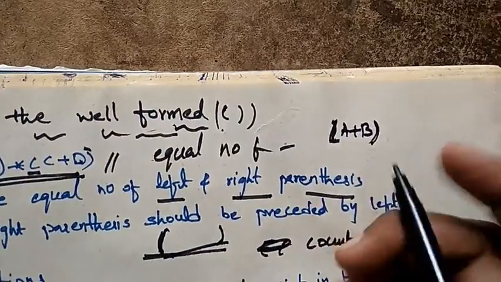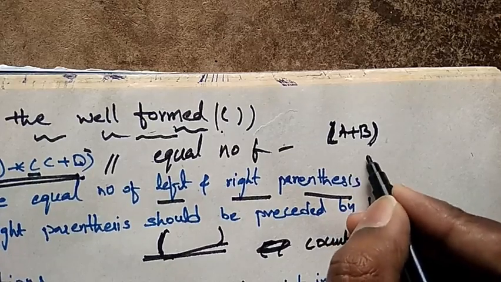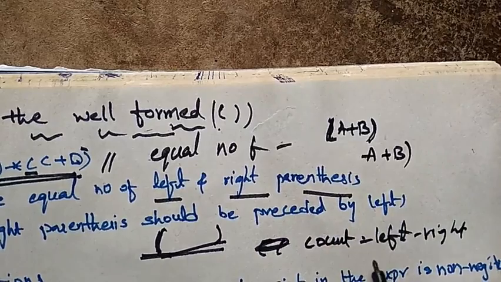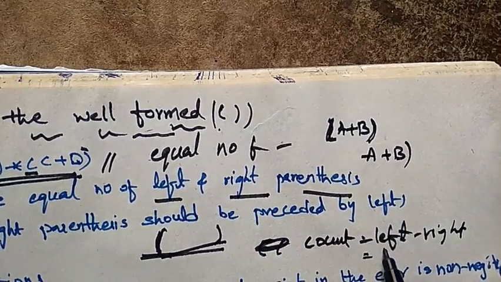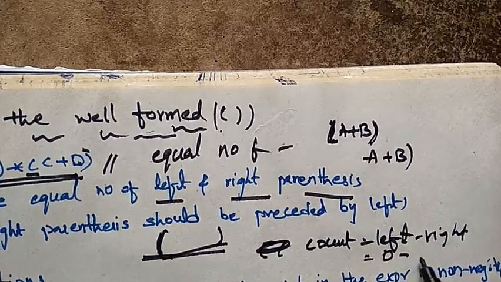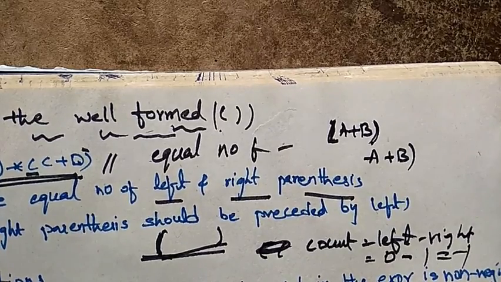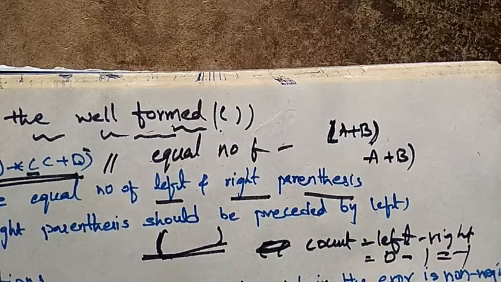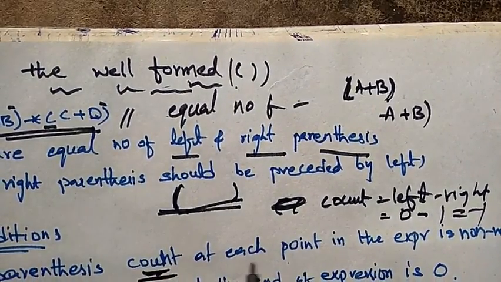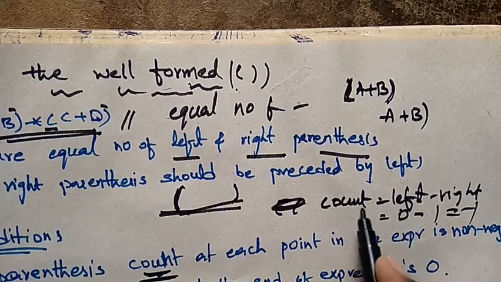Say suppose my expression is a plus b, then it's okay. If I find a plus b and a right parenthesis, the count will become 0 minus 1, which is minus 1. The count should not be minus 1 at any point of the expression. You should not have any negative value for the count.